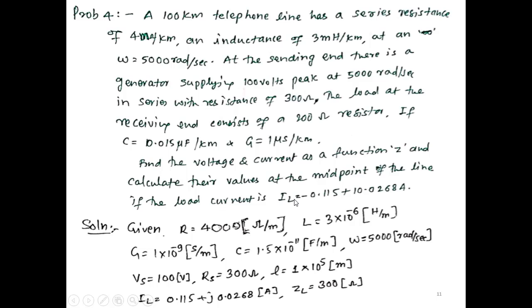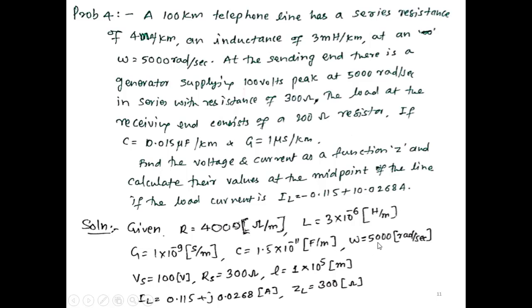The load current is IL is equal to minus 0.115 plus j 0.0268 ampere. Therefore, given here R is equal to 4000 ohm per meter, L is equal to 3 into 10 raised to minus 6 henry per meter, G is equal to 1 into 10 raised to minus 9 siemens per meter or mho per meter, C is equal to 1.5 into 10 raised to minus 11 farad per meter.